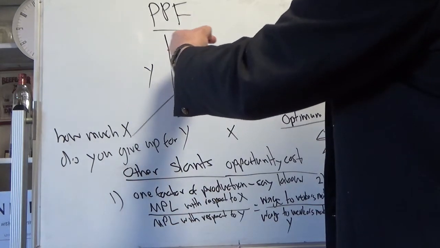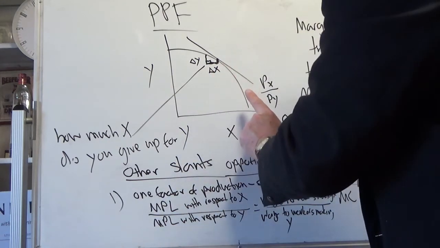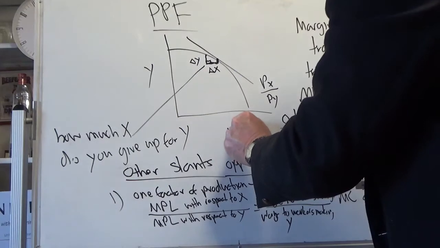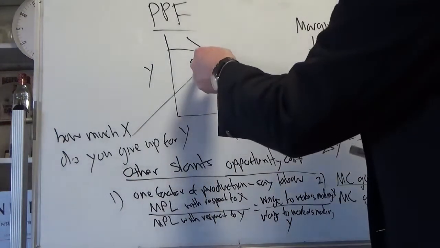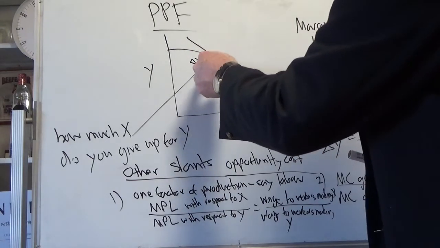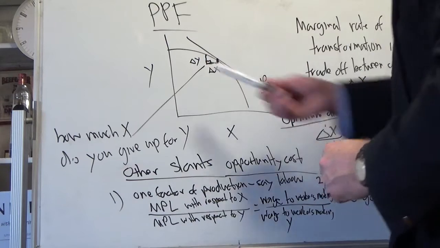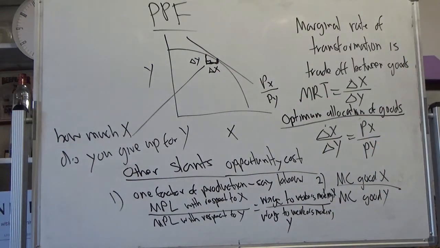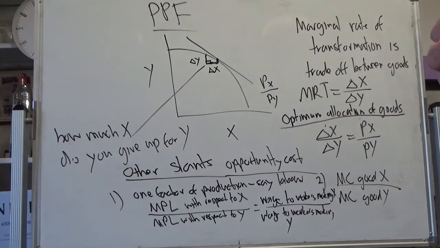Conversely, if I want more of good X, how much of good Y do I give up? If I want more of good Y, how much of good X do I have to give up? That's represented by that little right-angled triangle, the opportunity cost, the change in good Y and the change in good X. How much do I have to give up to get the other good?